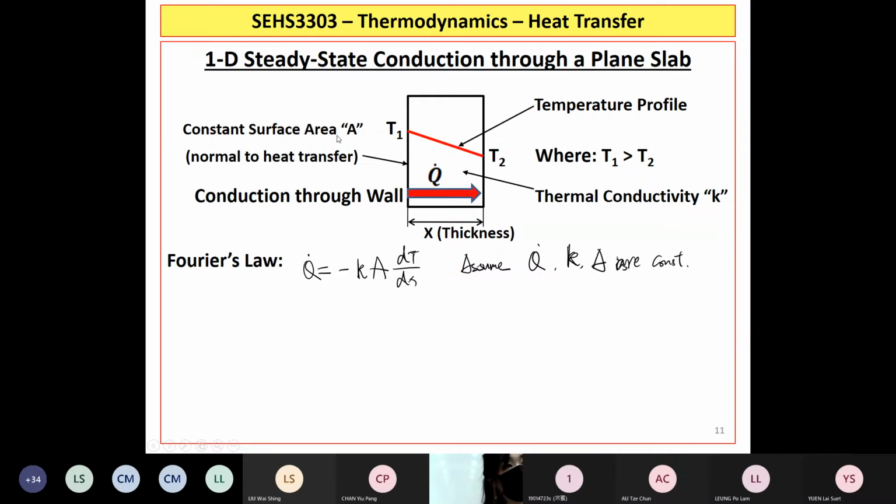Area is constant. So we can rearrange our equation. That should be dx, right? Integral. Since Q, K, and A are constant, we can take them outside of the integral.